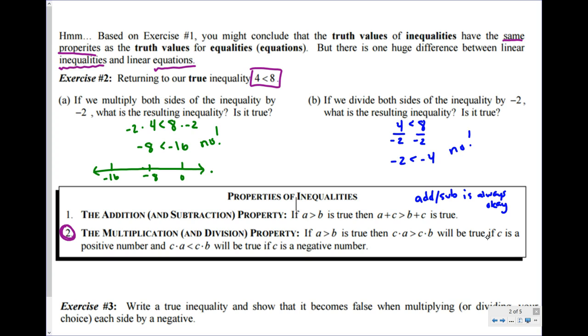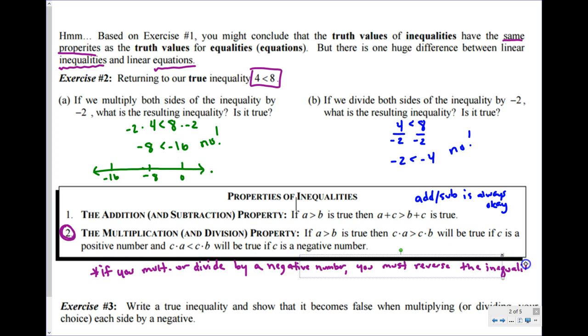So what this is saying, in much easier to understand language, is that if you multiply or divide by a negative number, you must reverse the inequality.